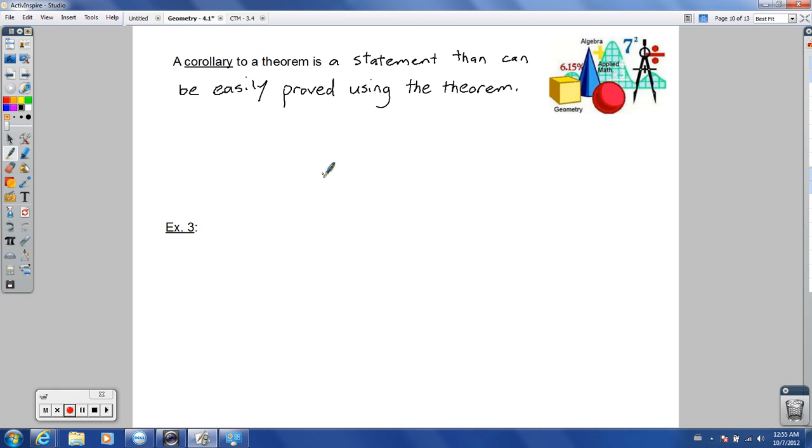And so there's this corollary on page 197 to the triangle sum theorem.